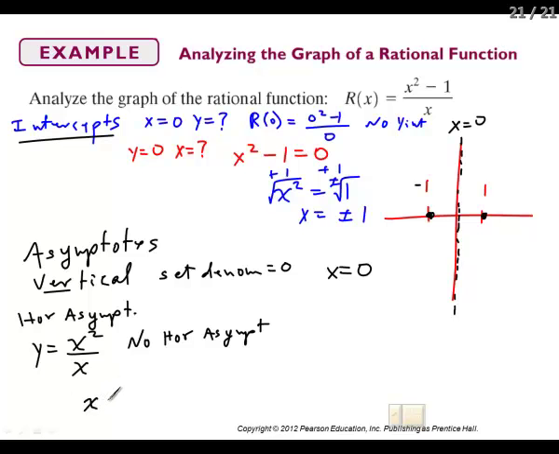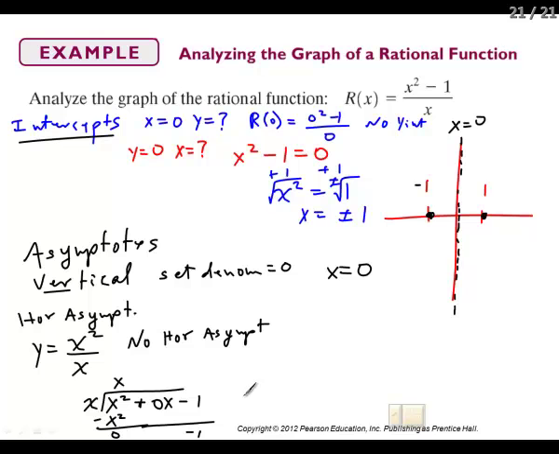So we take our divisor, x, divide it into x squared, and if you want to put a plus 0x, need a place for the x's, minus 1, we see that we're going to multiply x times x and get the x squared. And so we subtract that, we get 0 there, right? And so there's no x's, so it's just negative 1.